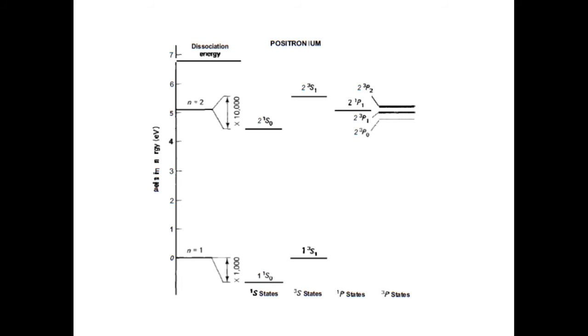Before I get to quarkoniums, I will mention that positronium actually provided a very good base for us in being able to find the states of quarkonium, particularly charmonium. So next slide please.